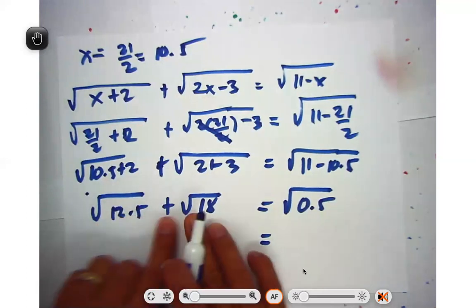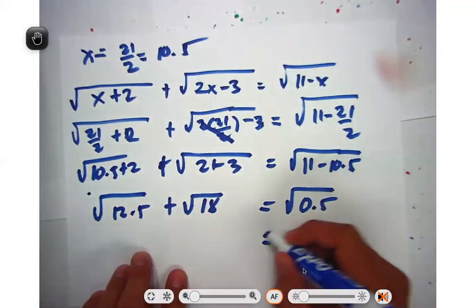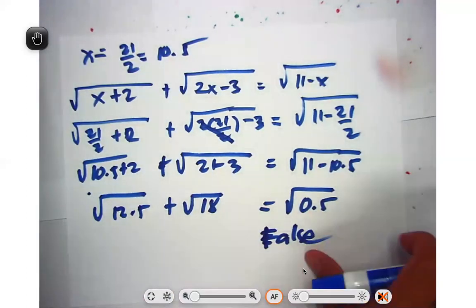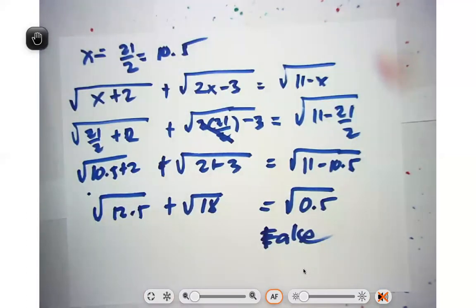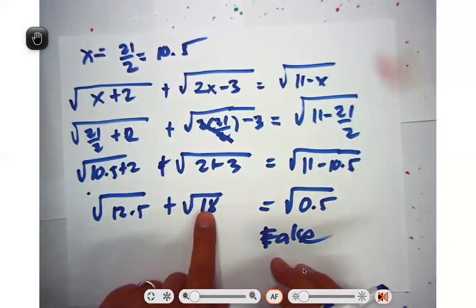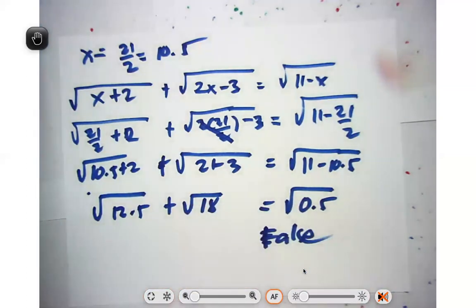And it's impossible that it becomes 0.5. So this one is false. That's why it's not a solution. Even if you simplify this, it's still not a solution. Right, so that's the other value of x.